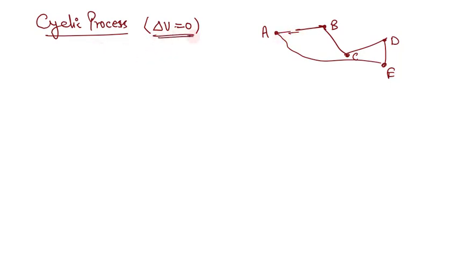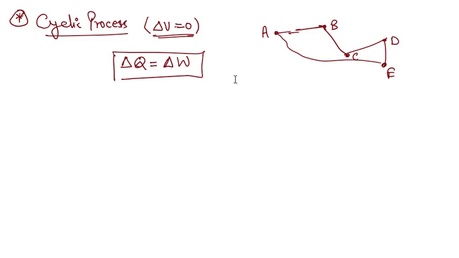In this cyclic process, delta U is 0, so it means work done and the heat given to the system are the same. That is the expression for the cyclic process, and this is for numerical purposes. The cyclic process, adiabatic process and isothermal process are the most used processes in this particular topic.